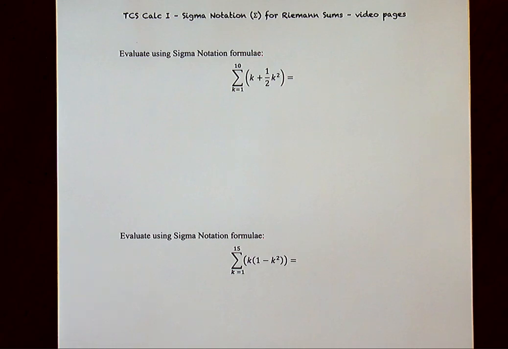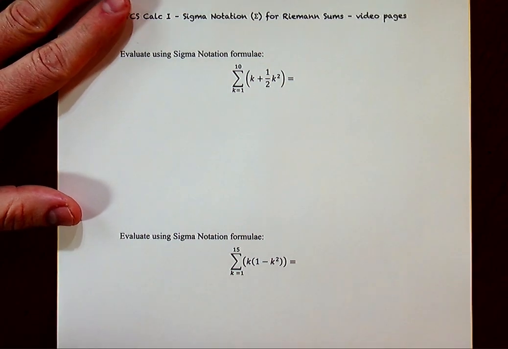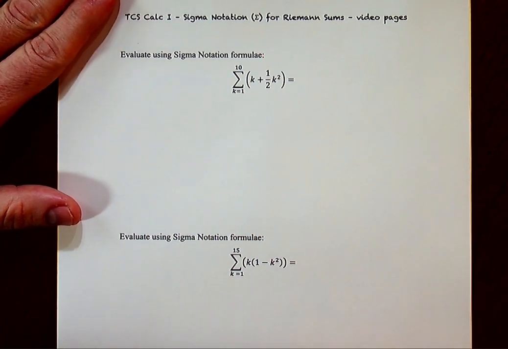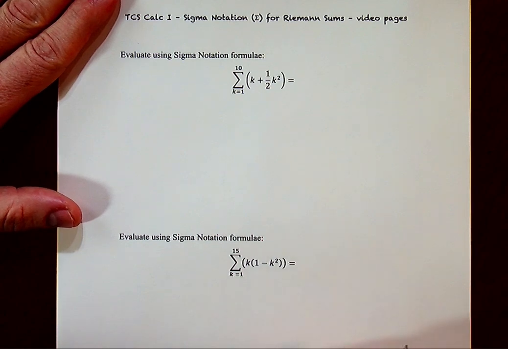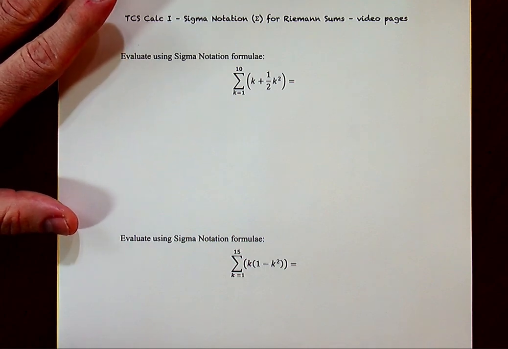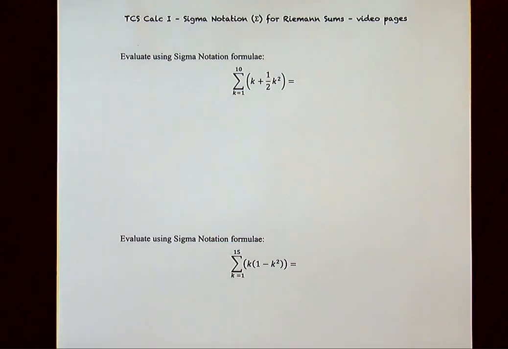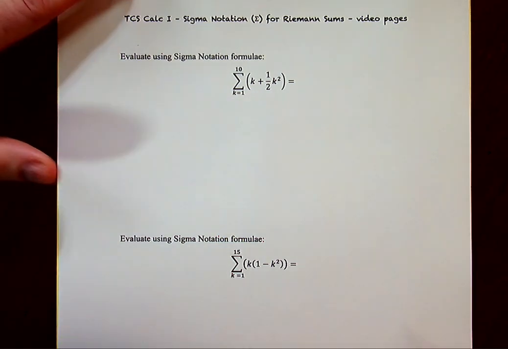We're adding up n terms or whatever. But again, we want to deal with these numerically and become conversant and familiar with these formulas so that they are not a surprise to us, so that they are not the limiting factor when it comes to us working with sigma notation for the sake of evaluating Riemann sums or even expressing Riemann sums.